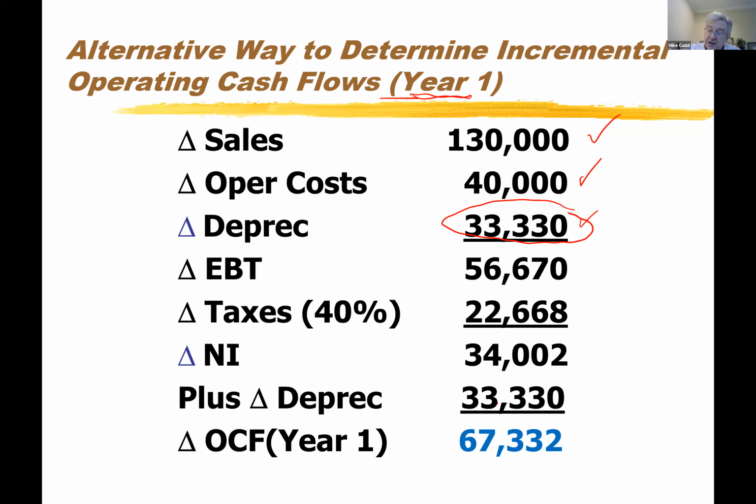So if we add back in depreciation, this is another way to get our operating cash flow for year one. Basically, you construct your usual income statement and then add back depreciation. And that gives you cash profit for year one.